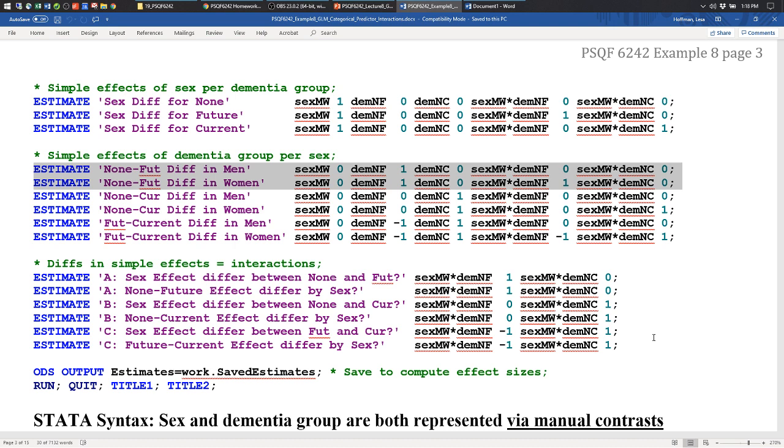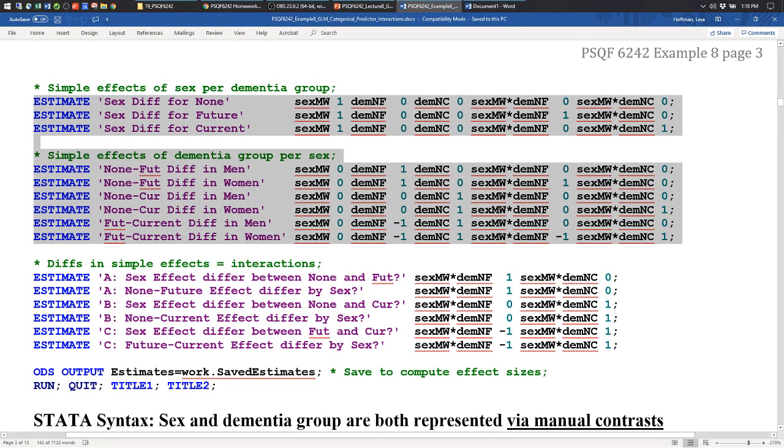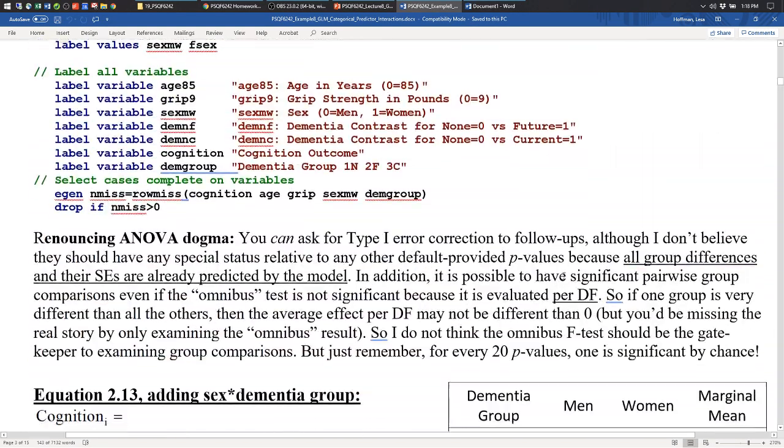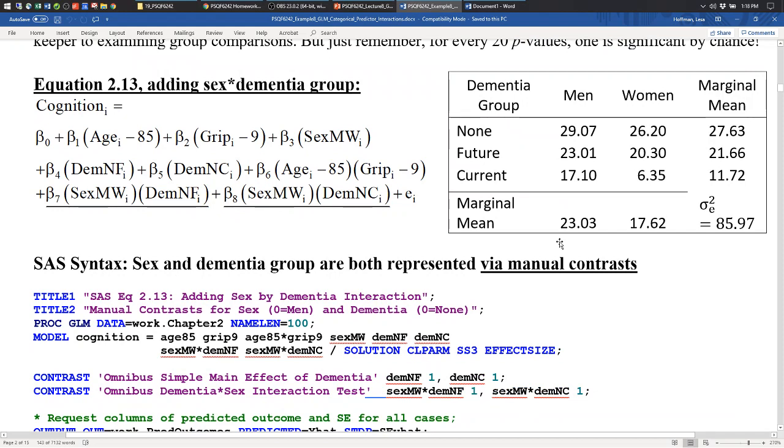So there's none versus current, none versus future, and future versus current in men and in women. So these lines here get me all of the most interesting pairwise differences among the 6 cells of this table.